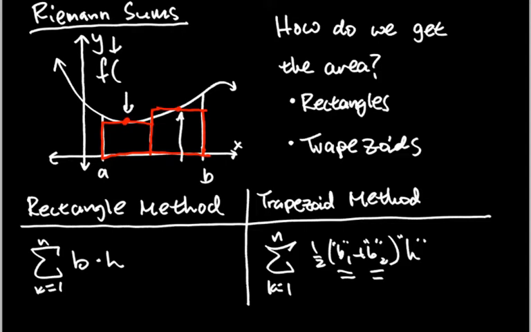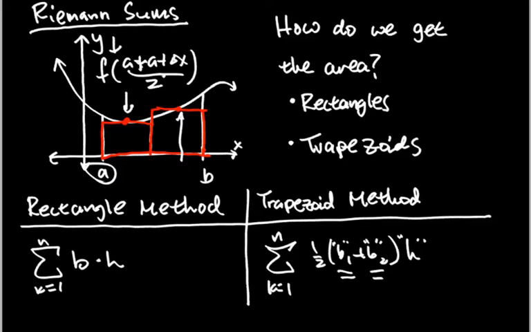Here, how do we get that x value? That's going to be a plus delta x over 2, right? Wait, here's a, this is a plus delta x, so a plus delta x all divided by 2.